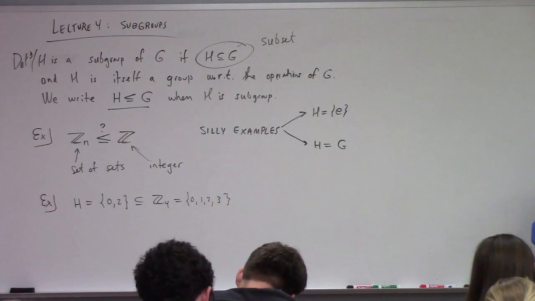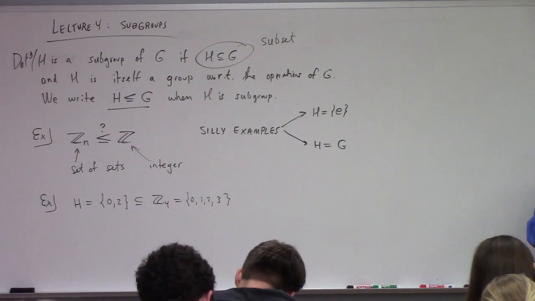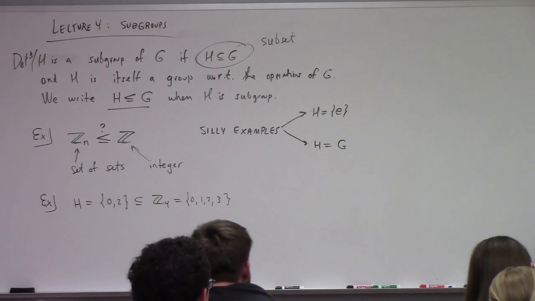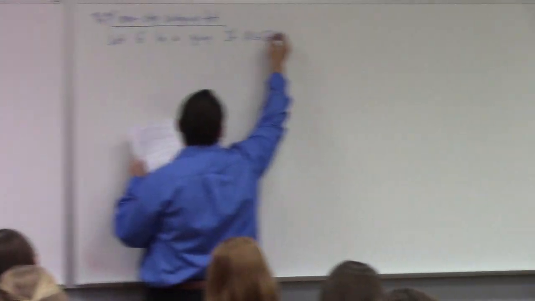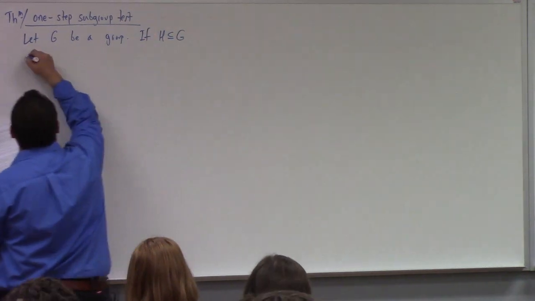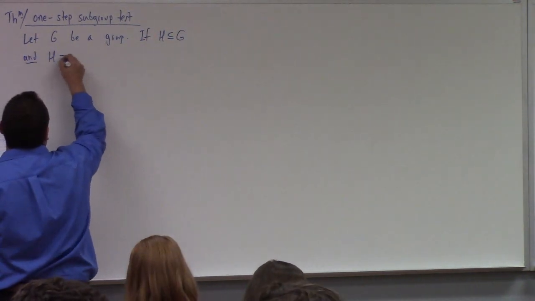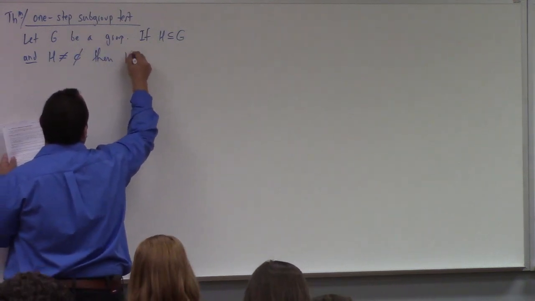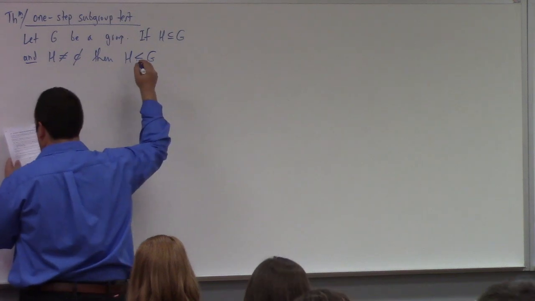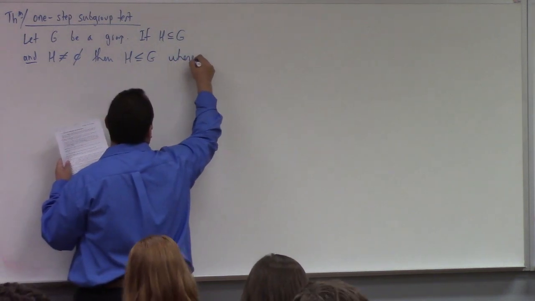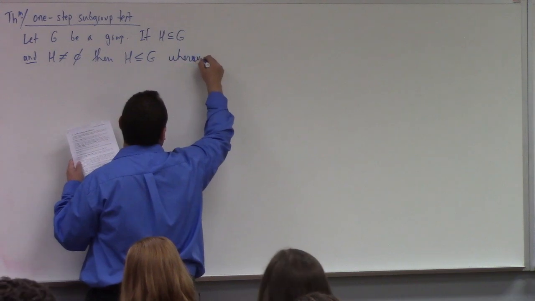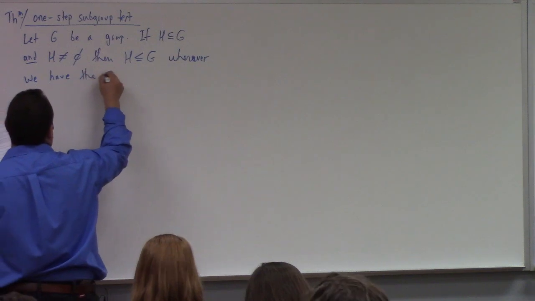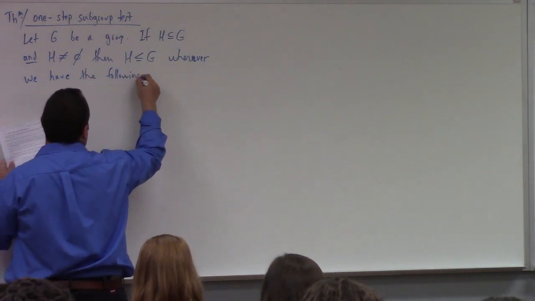Here it goes. Let G be a group. If H is a subset of G, and H is not empty, then H is a subgroup of G whenever we have the following implication.